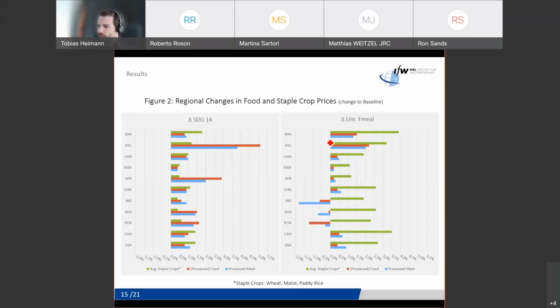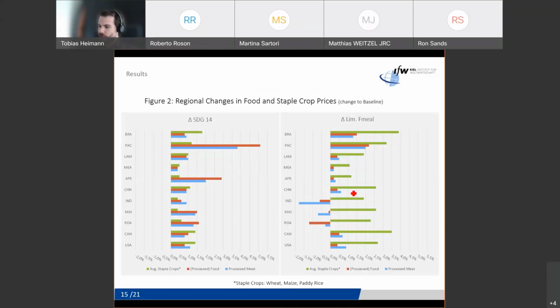When we look at the most extreme scenario, where we have a high aquaculture production and only limited availability for fish meal, we see the strongest increase for the staple crops, for wheat and maize, especially again in the areas which produce oilseeds, but now also in the major aquaculture producing regions in Asia.